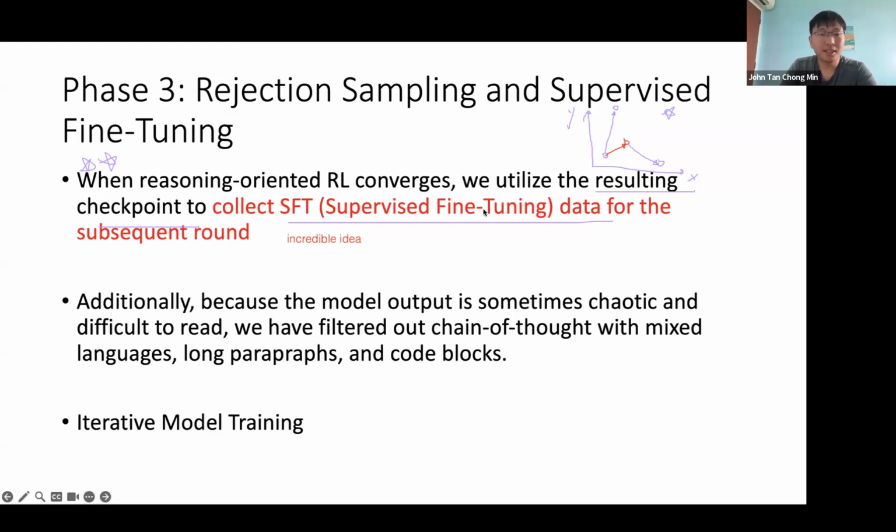But when you collect this fine-tuning data and do some filtering, you maybe get something closer to here. And then you can do the RL process again, and eventually, hopefully, you reach your intended point here. So this is your SFT data, SFT data distilled from the RL model.